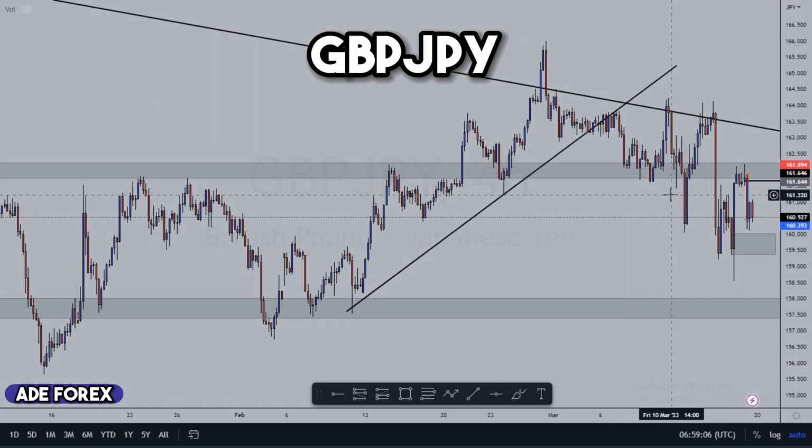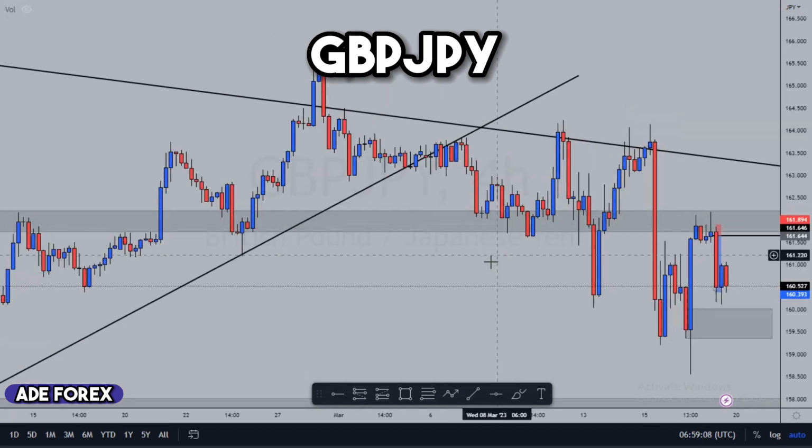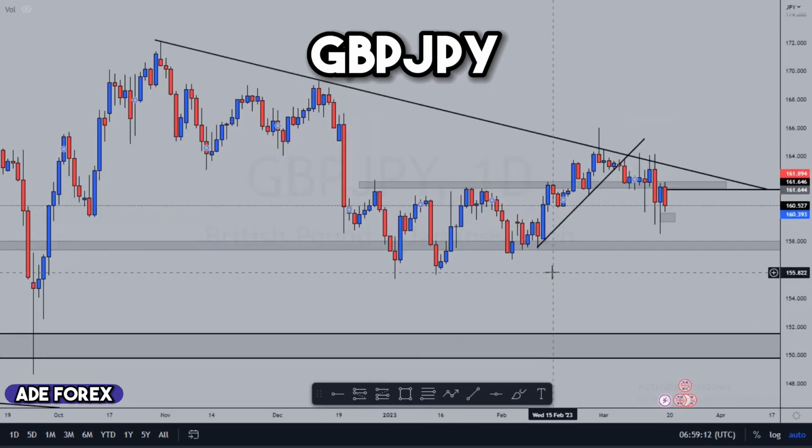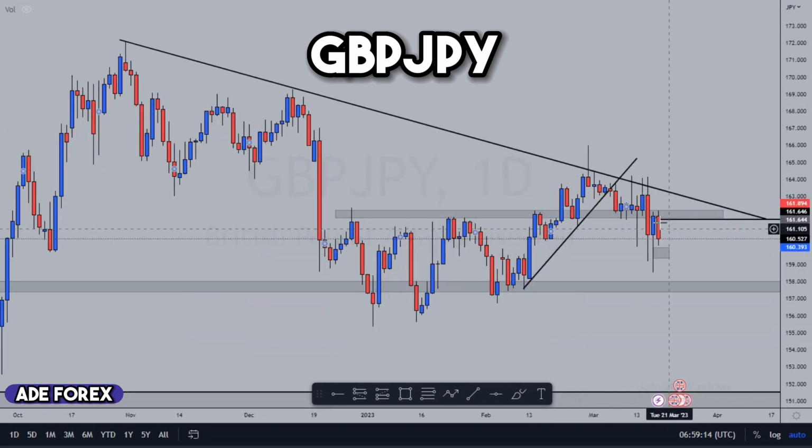In the previous videos we've already looked at this, so let's not waste too much time. Let's just start from the daily time frame. What do we have here now? Do not forget, in the previous videos I told you guys about the market breaking this trend line, and then the touch of the trend line, and then the fourth multiple touch is actually here, and then we see the market came down.